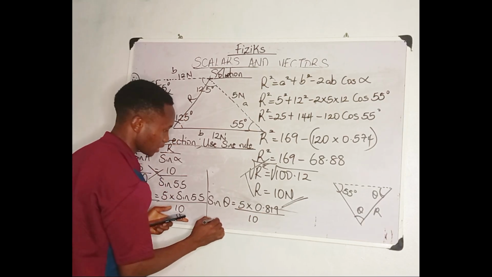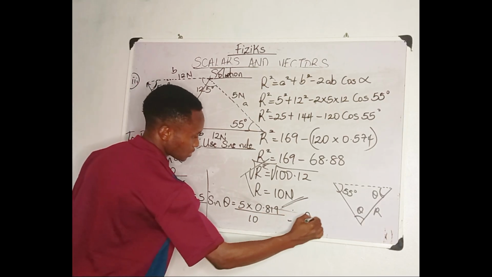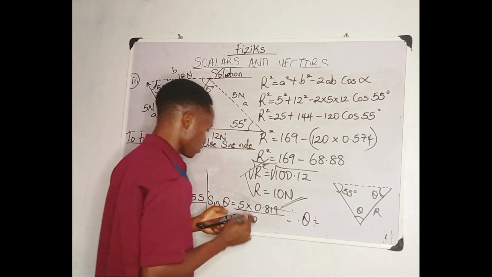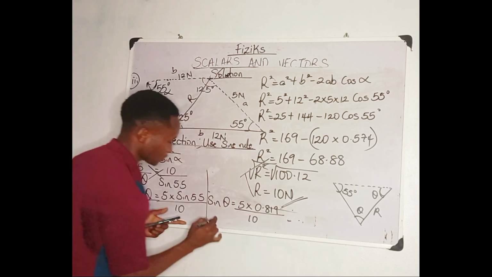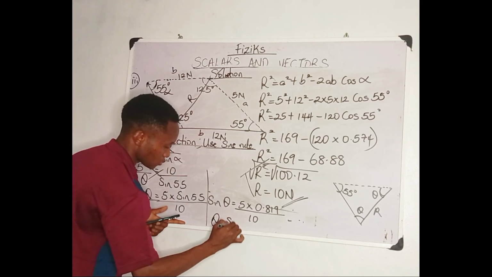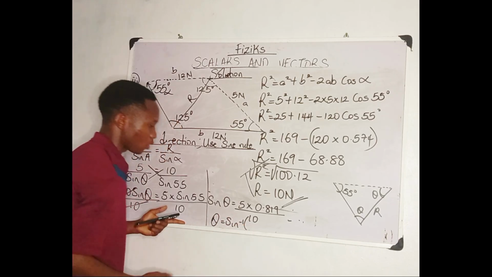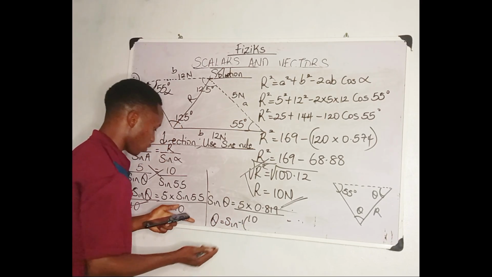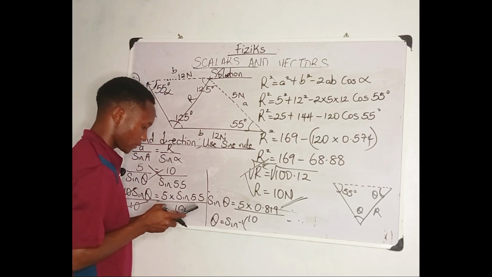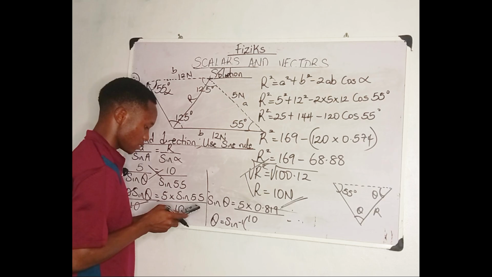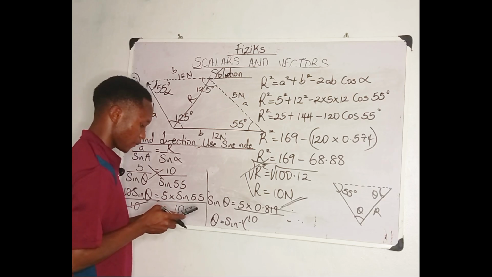So finally, the value theta is equal to sine inverse of 0.819 times 5 over 10.